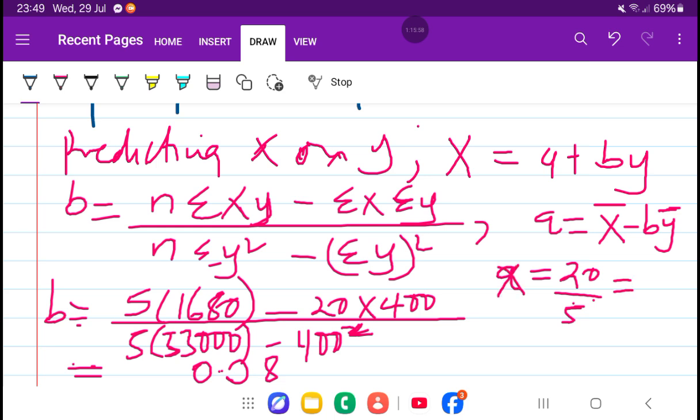Of course, this is x bar, which is a 4. And then the y bar will be equaling 400 divided by 5. That will give you 80.